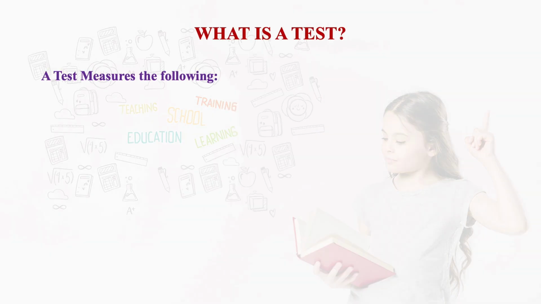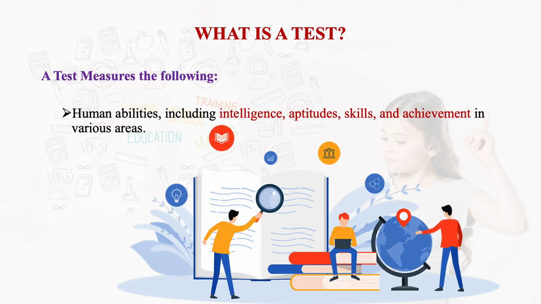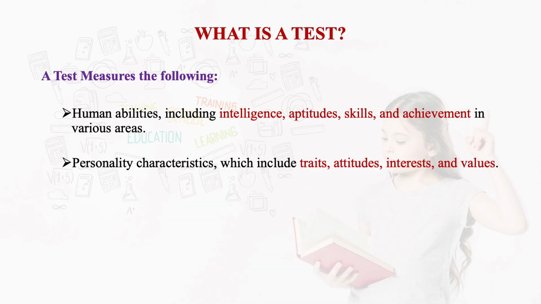To understand more about what a test is, we can say that a test measures the following abilities. First of all, human abilities, which include intelligence, aptitude, skills and achievement in various areas. Further, personality characteristics, which include different traits, attitudes, interests and values.